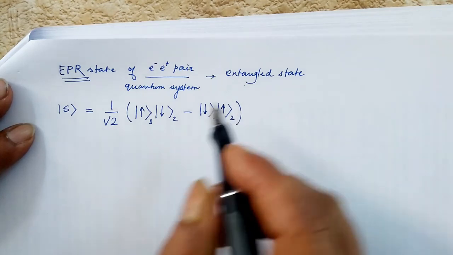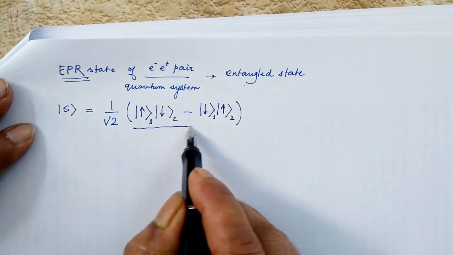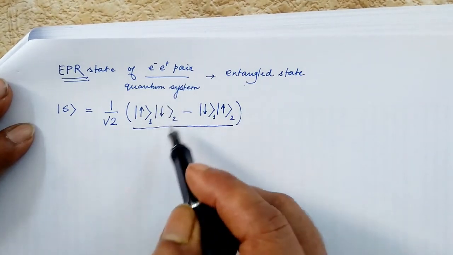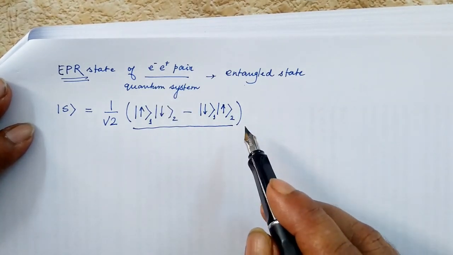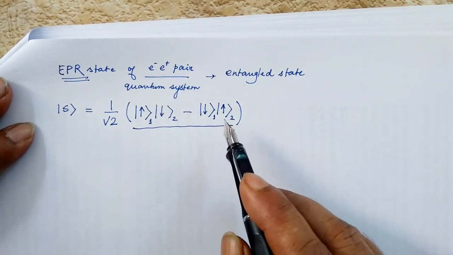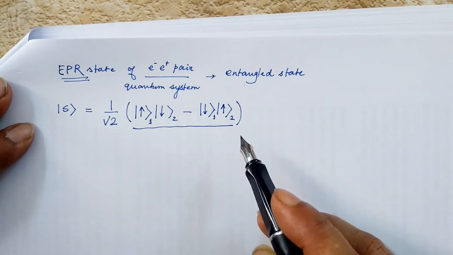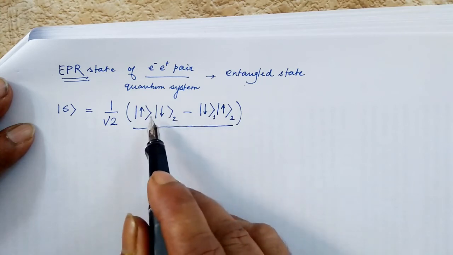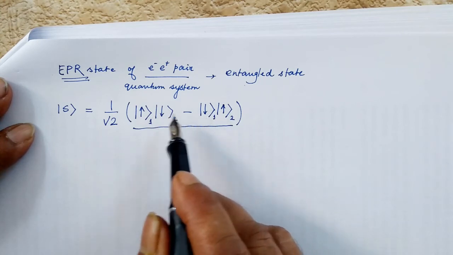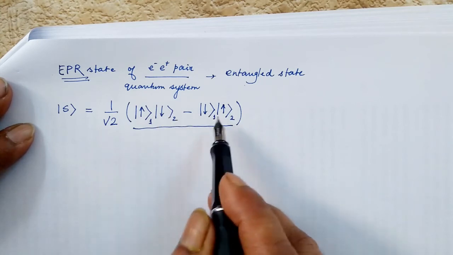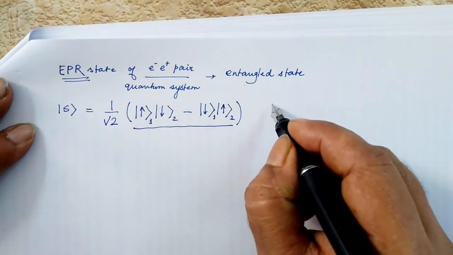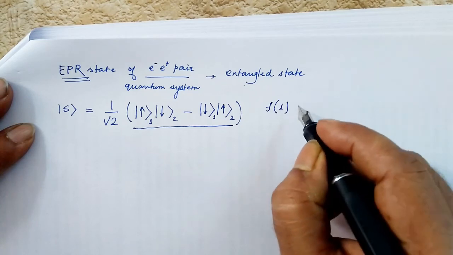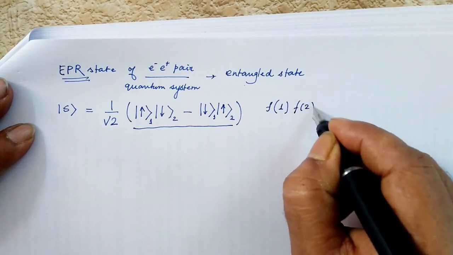But what we see in the entangled state representation of this two-particle quantum system is a very unique thing: it is not possible to write such a state as a simple product state of particle 1 and particle 2.